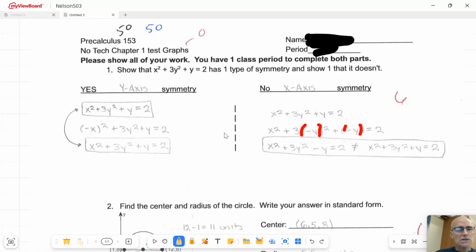If it's a larger mistake, like, yeah, you're trying to do some algebra here, but it doesn't seem like you're plugging the right information in for x and y, then it would be a 3, which is a 60%. And then if it's like, man, I'm not sure you know what you're doing there, or maybe you just showed me a picture of symmetry, like you know what symmetry is, but you're not doing this algebraic proof of it, then it would be a 2 out of 6, which is a 40%.